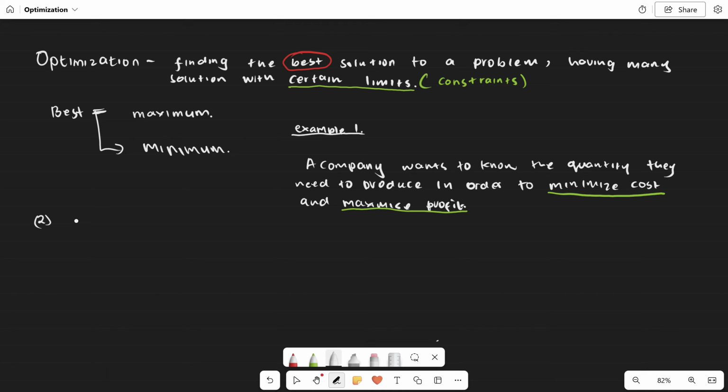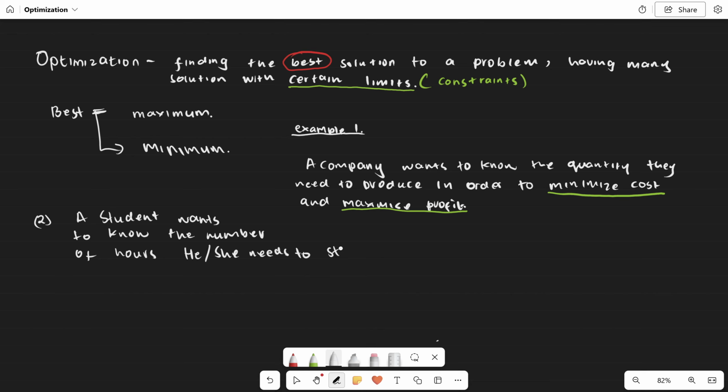Another example can be, let's just say, example 2. Let's say a student wants to know the number of hours he or she needs to study in order to get good grades, right?